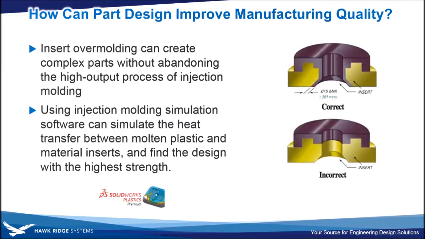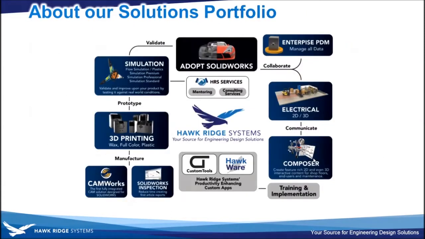And so insert overmolding is one of the capabilities that SOLIDWORKS Plastics has to simulate that part of the manufacturing process. And typically the important things there are to try to make sure that the materials have bonded properly and aren't going to fail or separate, which largely has to do with the heat transfer between the two different materials. So let's take a look at how we can do that.